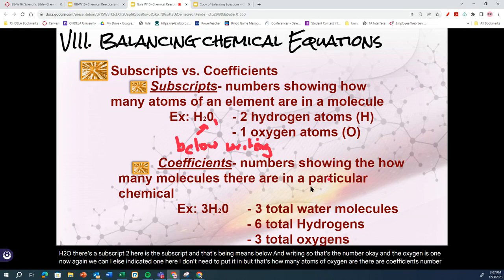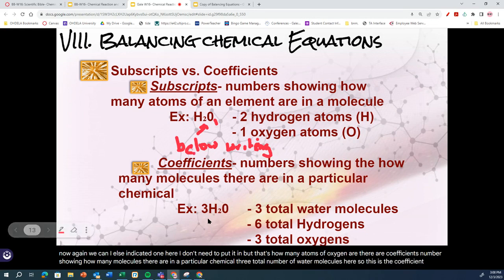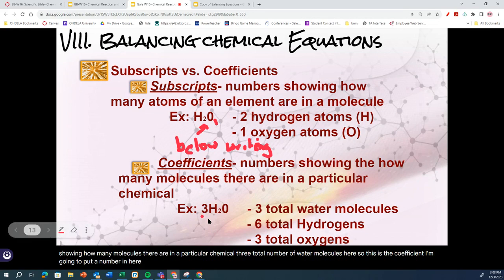Coefficients, number showing how many molecules there are in a particular chemical. 3, total number of water molecules here. So this is the coefficient. I'm going to put a number in here. The coefficient tells you that you have 3. And I'll make a little molecule here of water, 3 of those, 3 H2Os.